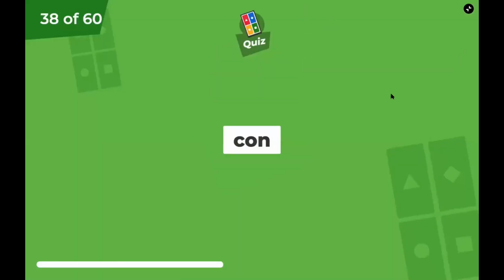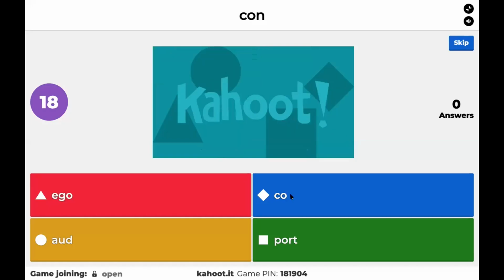Con. Red is ego, blue is co, yellow is odd, and port is green.